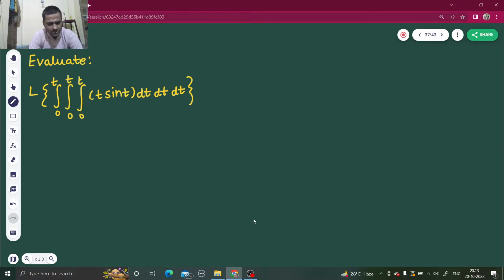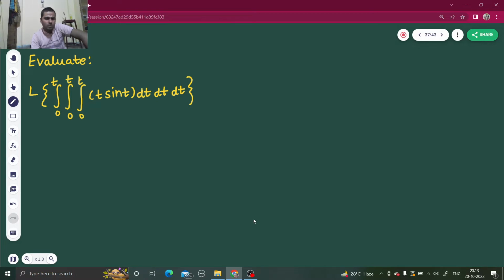It looks like a question from triple integral, but to your surprise, I'm going to solve this by Laplace transform because I feel that is easier as far as this question is concerned, because all three integrals are the same.